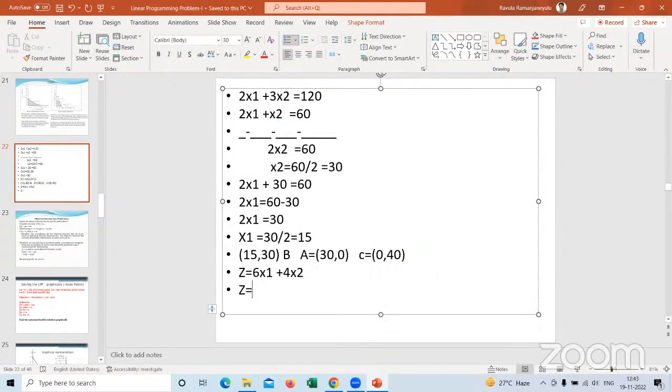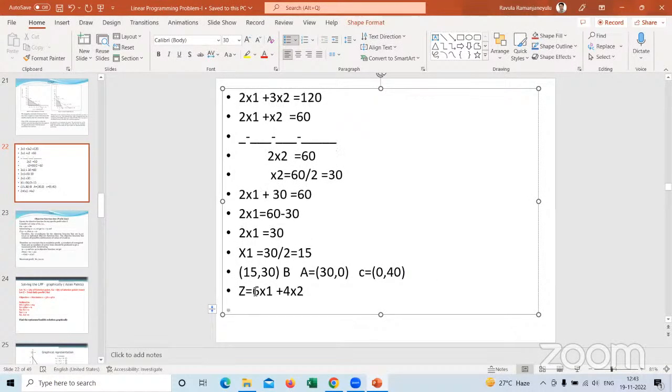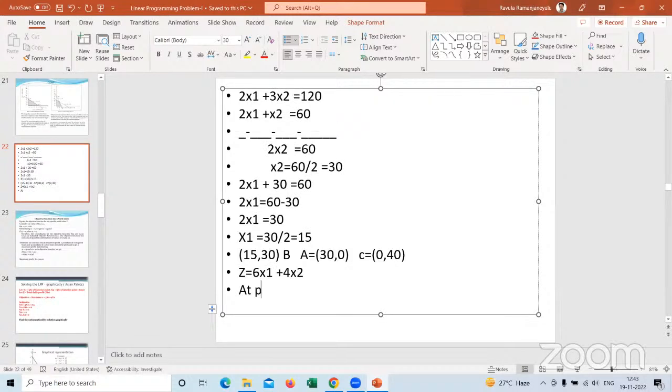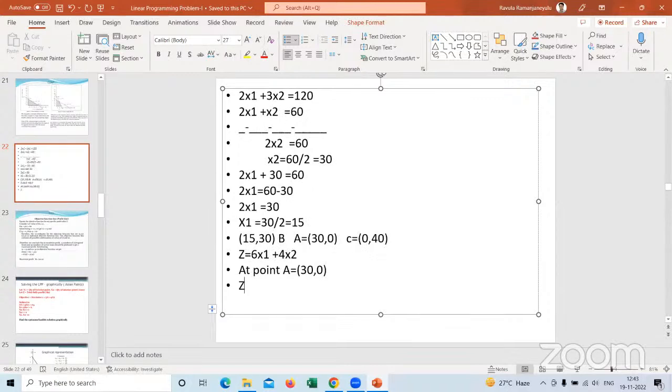At point A, where we have values 30 comma 0, if this is substituted in the objective function, Z equals 6x1, x1 is 30, plus 4 into 0.